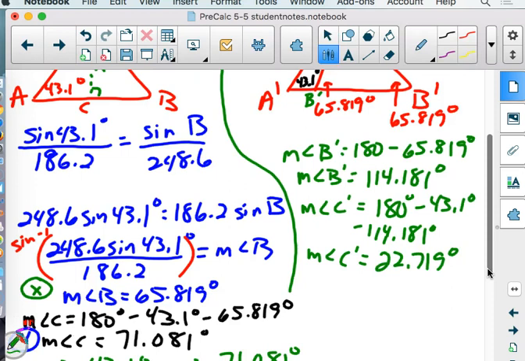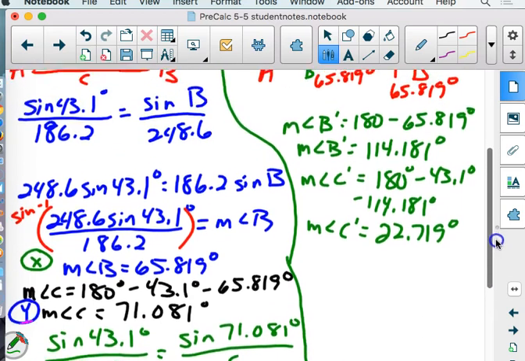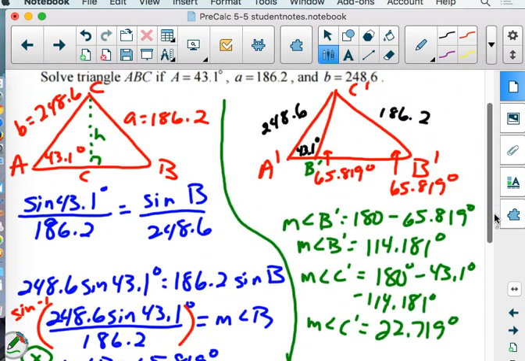Now, it's up to you whether or not you want to store that one, but really it's sitting there ready for the next math that we have to do. So you wouldn't have to store it, because what we're going to look for now is that lowercase c. So we go back to the original and realize it's still going to be sine of 43.1 over 186.2. It's just that our 186.2 is right here.